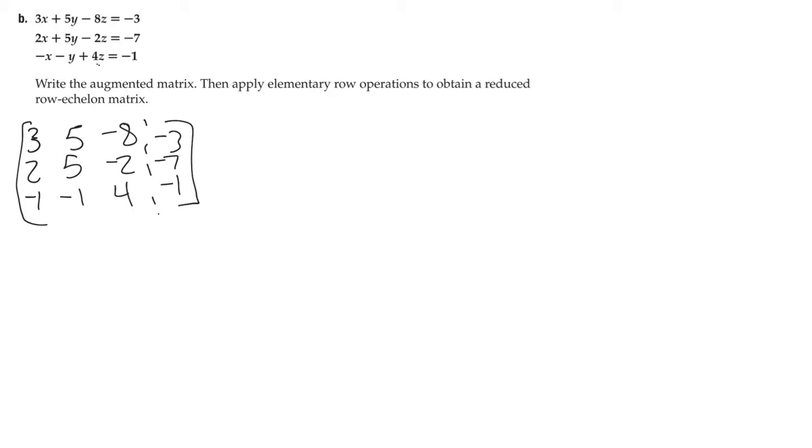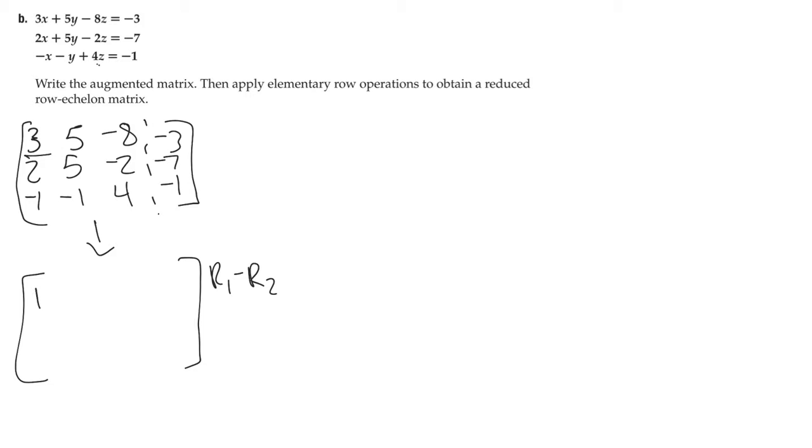First step, always, I need that 3 in that top row to be a 1. So I'm gonna go ahead and, let's see, I'll do row 1 minus row 2 for that top piece.